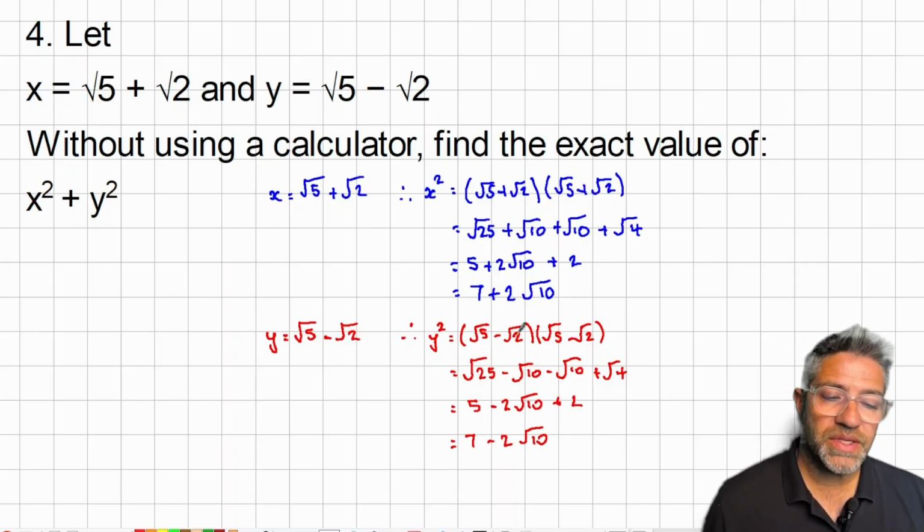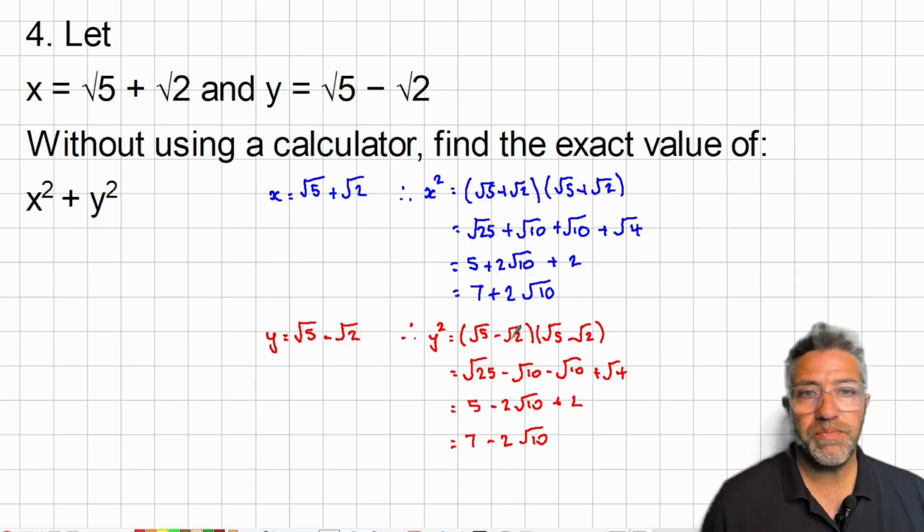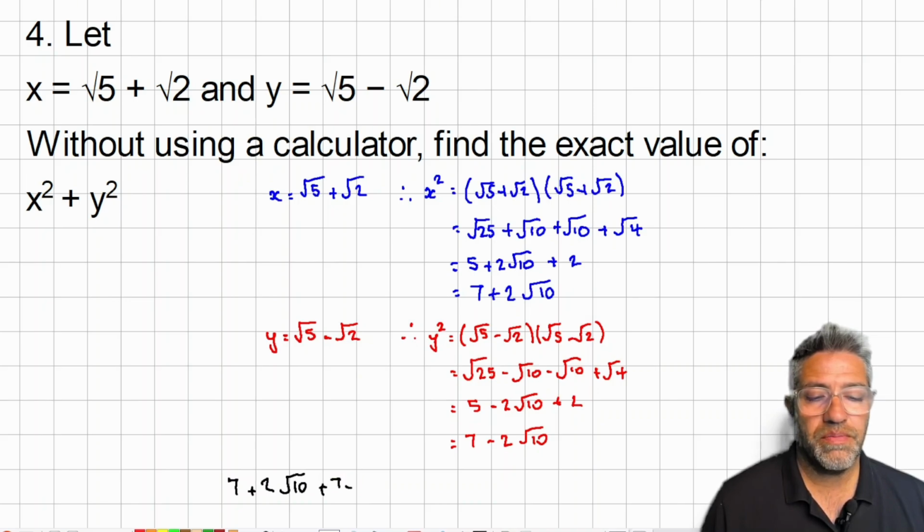So I've worked out x squared, I've worked out y squared, but read the question. It's saying what is x squared, so 7 plus 2 root 10, add y squared, so plus 7 minus 2 root 10.